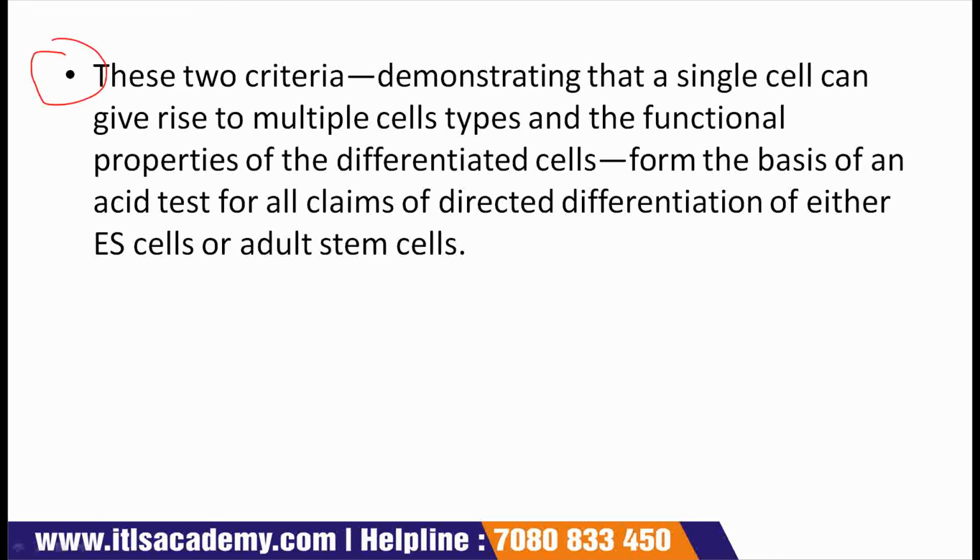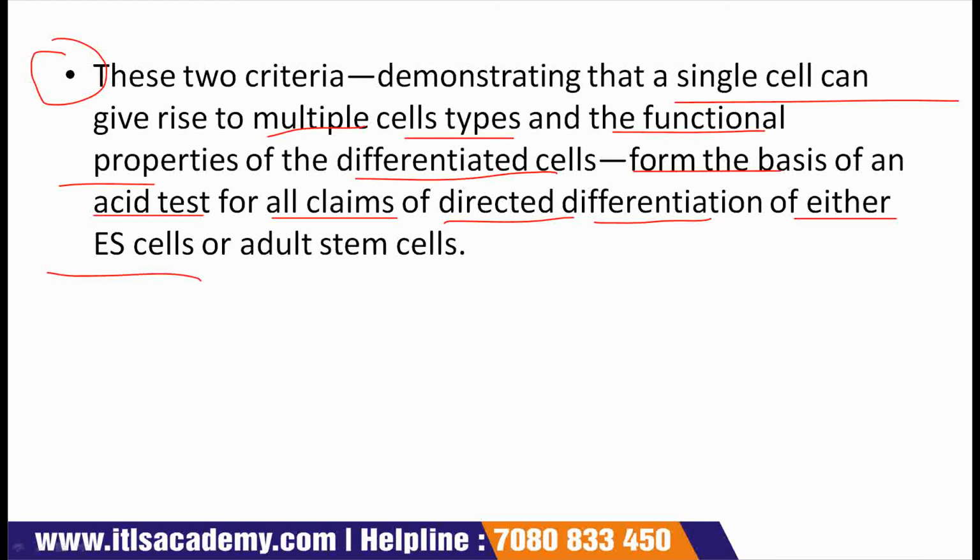These two criteria, that is, demonstrating that a single cell can give rise to multiple cell types and the functional properties of the differentiated cells, form the basis of an acid test for all claims of directed differentiation of either embryonic stem cells or adult stem cells.